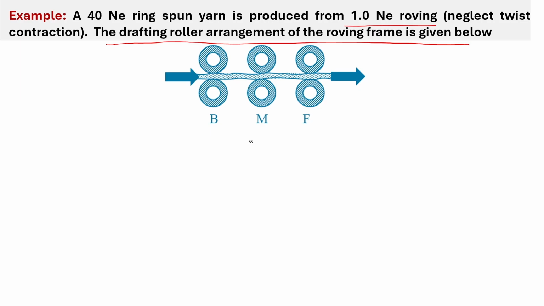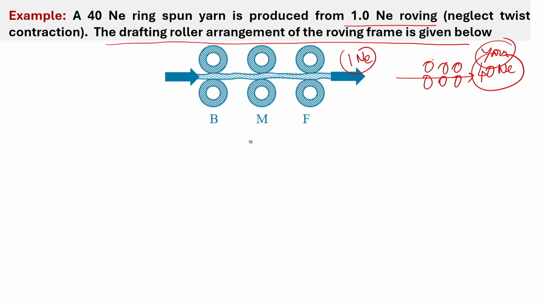So 40 Ne ring spun yarn is produced from the roving of 1 Ne. This is 1 Ne, and from there we are producing 40 Ne yarn. So the total draft in the ring frame will be 40. 40 draft is in the ring, so the roving is stretched 40 times.